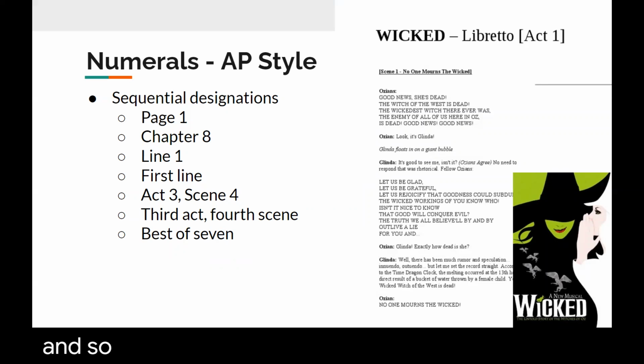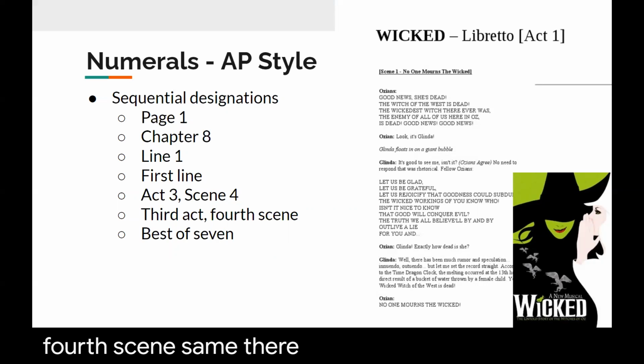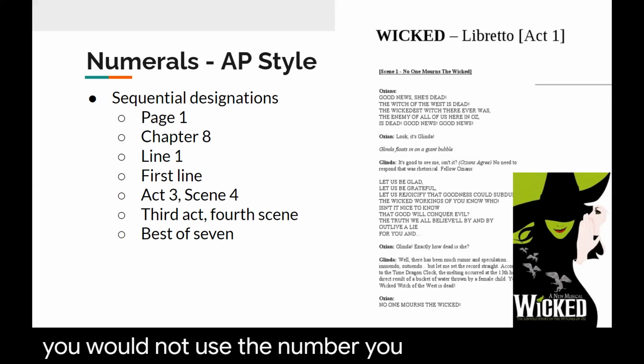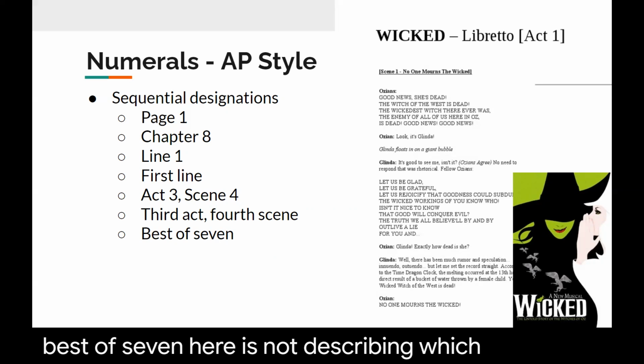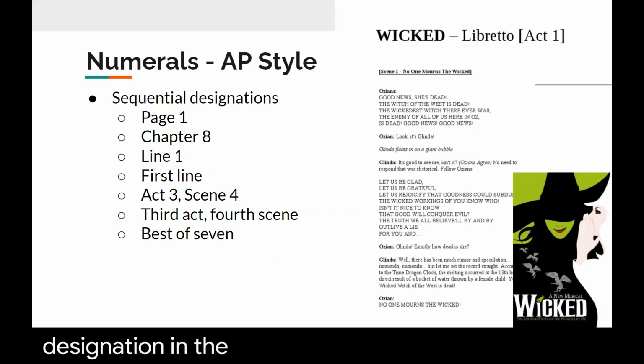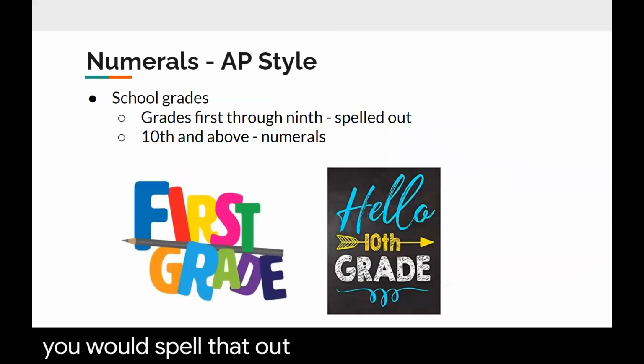And so you actually spell out the word first. Third and fourth scene, same there, because they're ordinal, you would not use the number, you would spell it out. Best of 7 here is not describing which designation in the sequence there is. You're talking about there being 7 games total, so therefore you would spell that out.